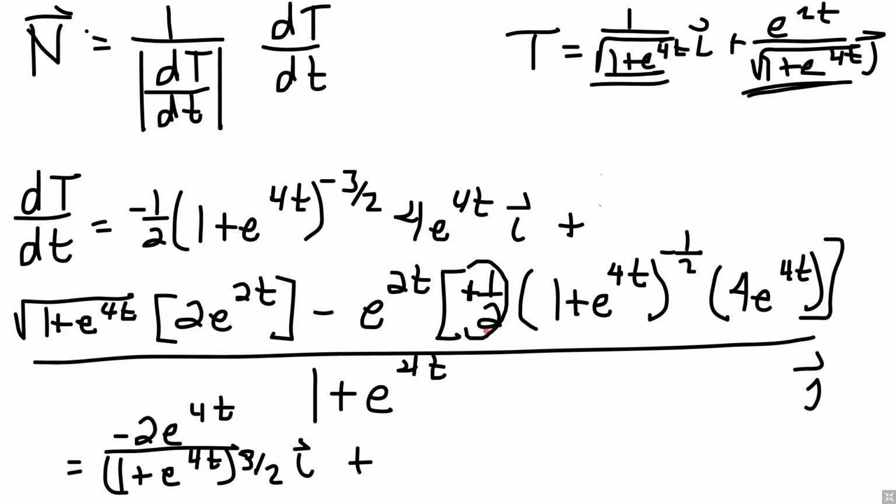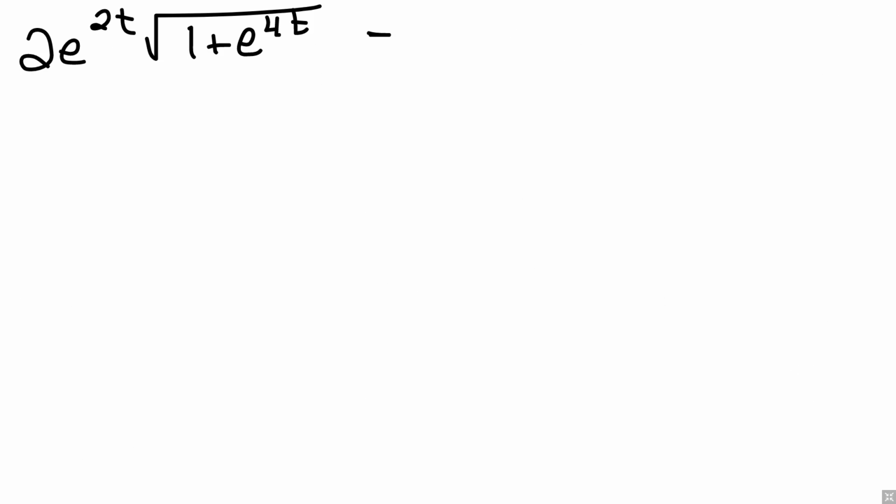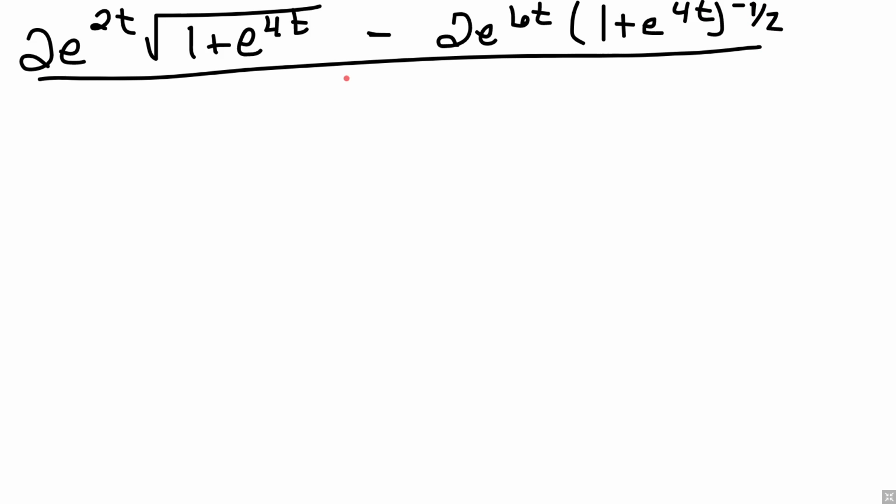I'm going to multiply these together, so that's going to give me 2, and then e to the 6t. So 2e to the 6t, and we're going to multiply that by 1 plus e to the 4t to the negative 1/2, and then this is over 1 plus e to the 4t.